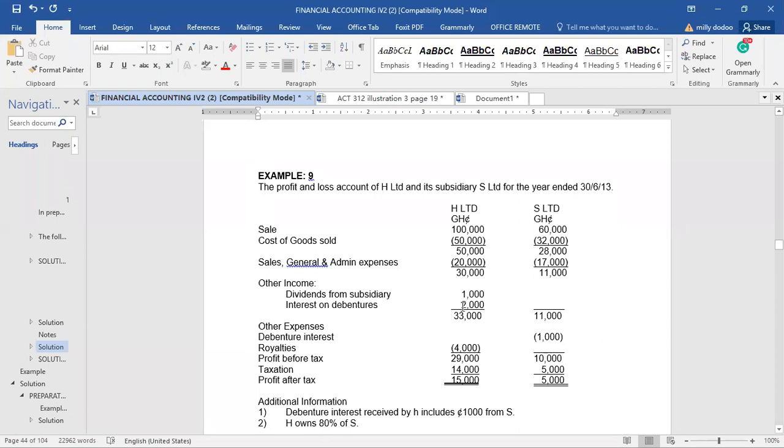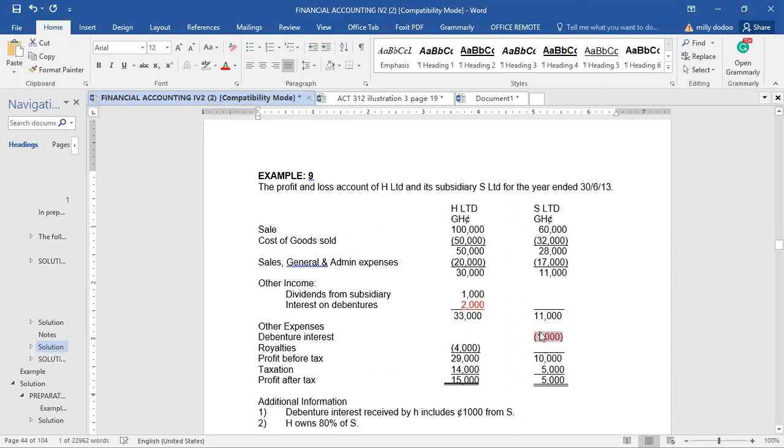Where is the debenture interest received? This is the debenture interest received. And they said of this interest of 2,000, 1,000 was coming from S. So you go to S, S has paid debenture interest.